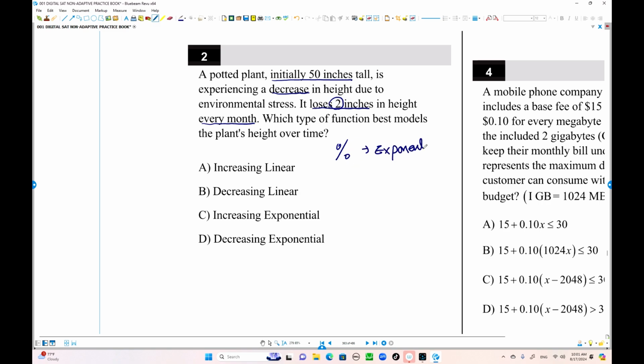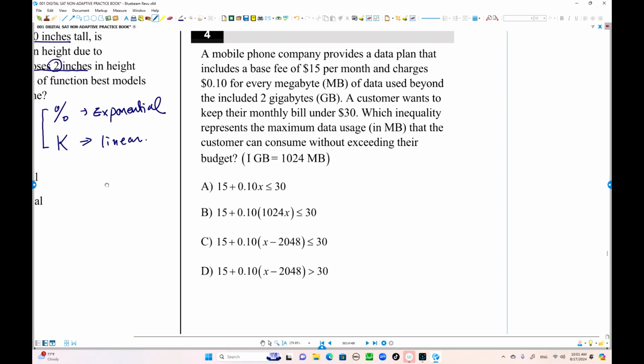But a constant, some number k, decreasing or increasing always forms a linear. So this times constant quantity decrease is a decreasing linear. Remember, percent increasing or decreasing is always exponential.